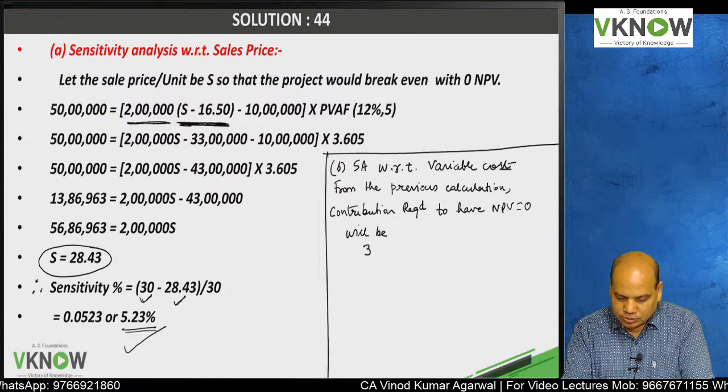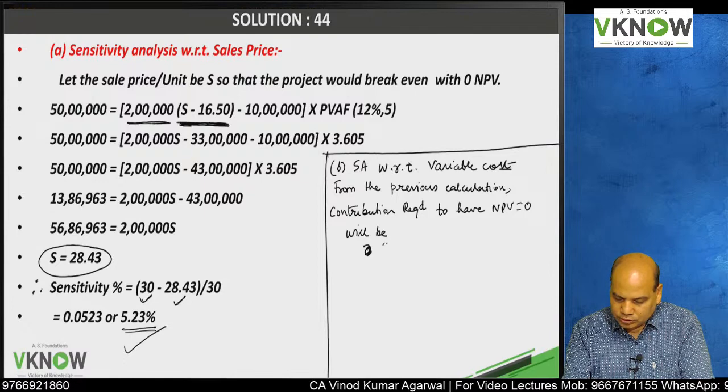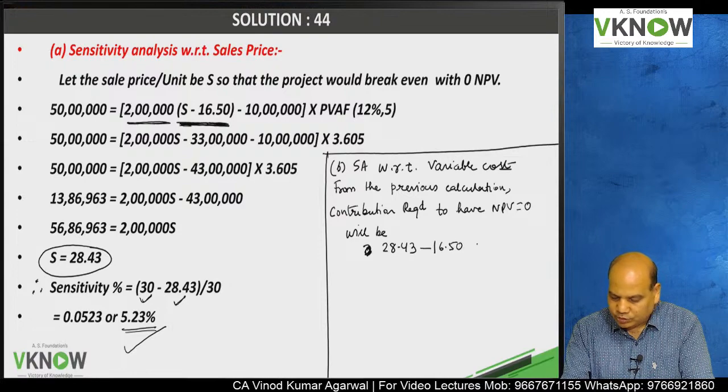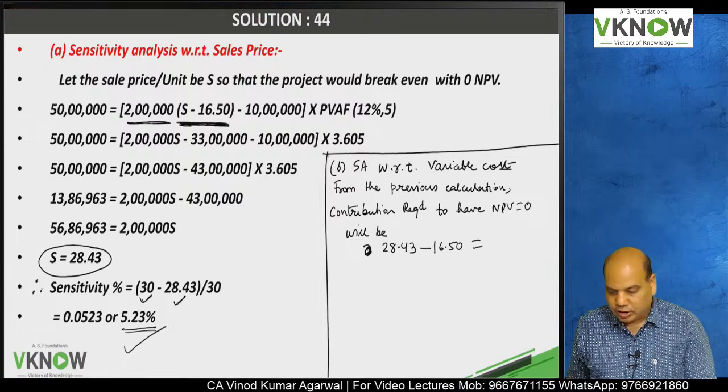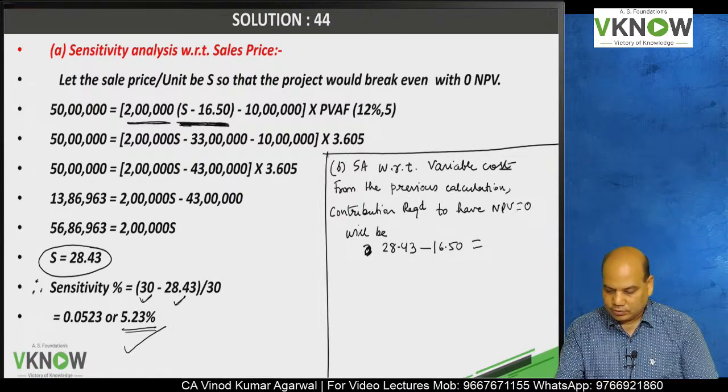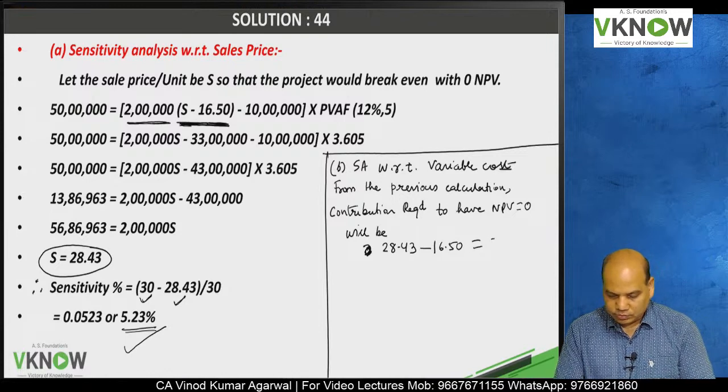Selling price is 28.43 required and variable cost is 16.50. So you need a contribution of 5.23.